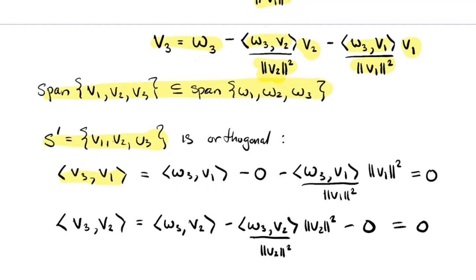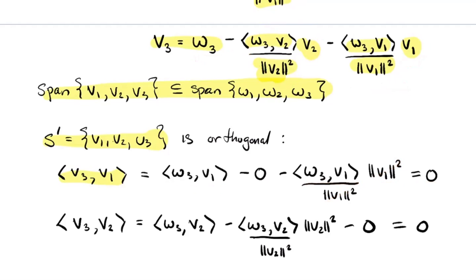And then minus the last term's inner product with V1. Well, the inner product of V1 with itself is the length of V1 squared. So you get that coefficient times the length of V1 squared. But now those cancel, and you're left with the inner product of W3 and V1 minus itself.